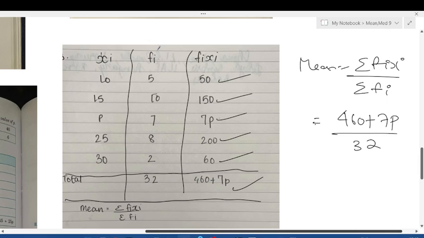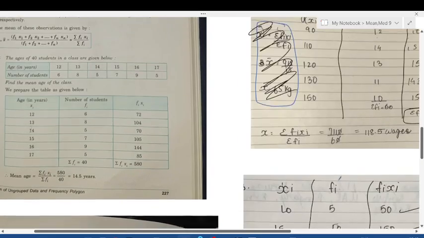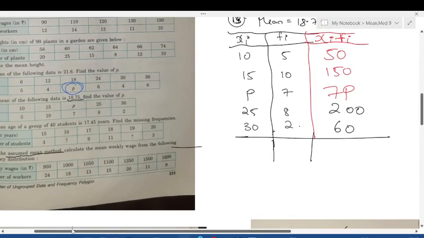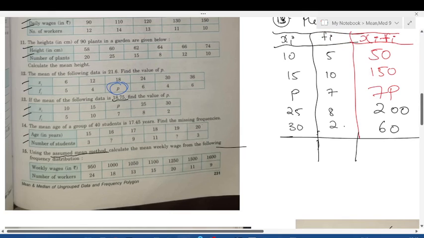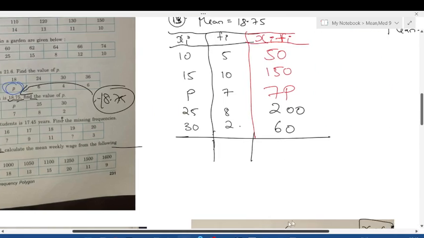What is the mean value given, students? Look at the question and tell me the mean value. All of you look at the question and tell me what mean value is given. What is mean given here? 13th question. 18.75, right?